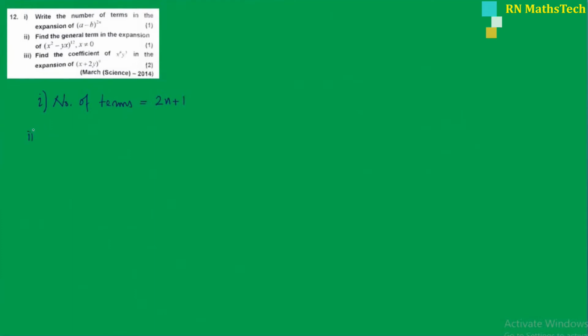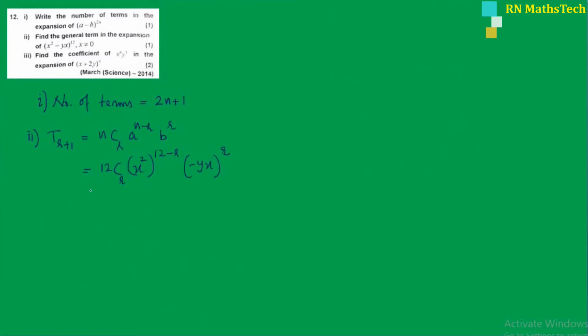Tr plus 1 is equal to ncr a raised to n minus r into b raised to r. That is 12cr x square raised to 12 minus r into minus y by x raised to r. So that is the general term.